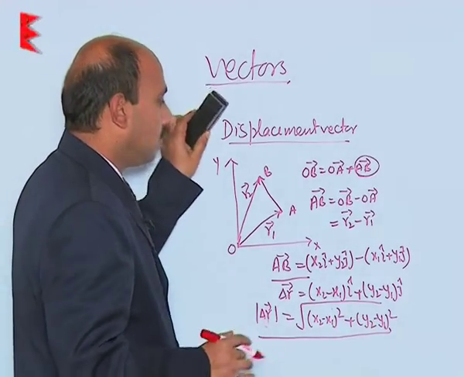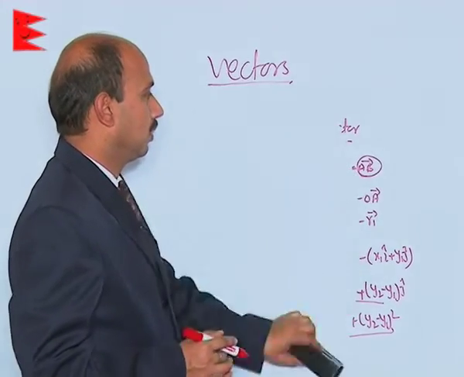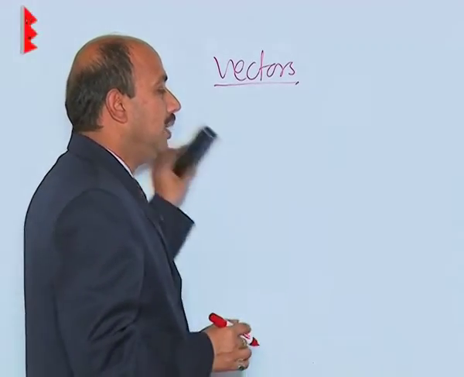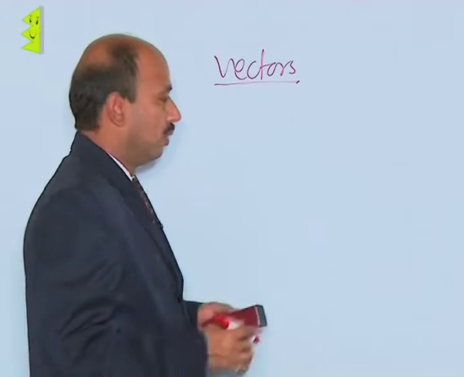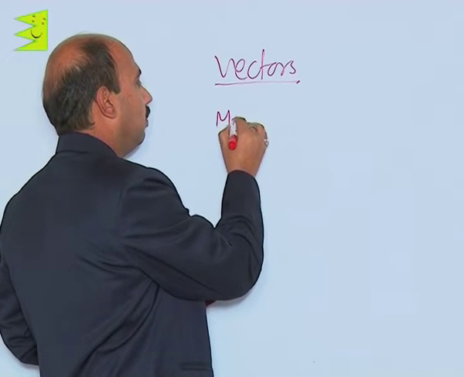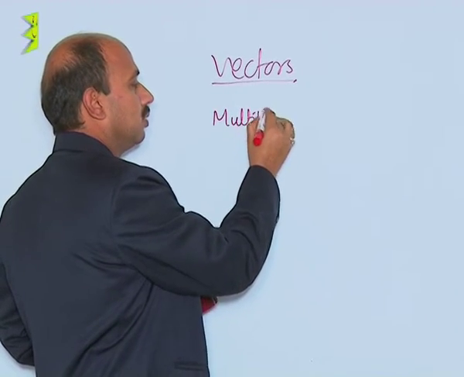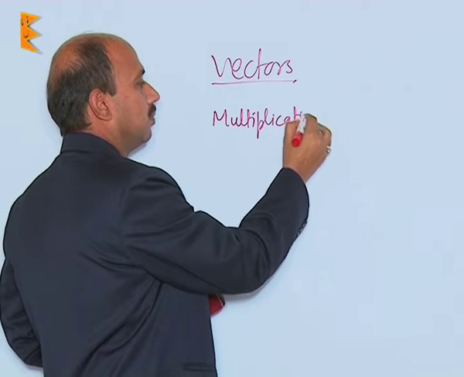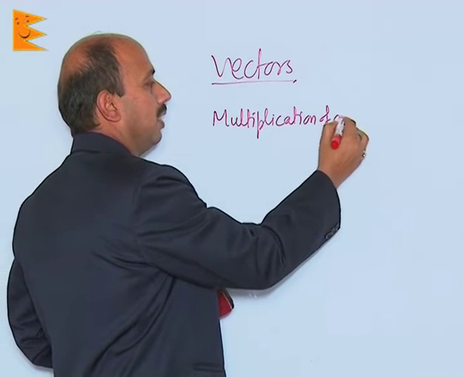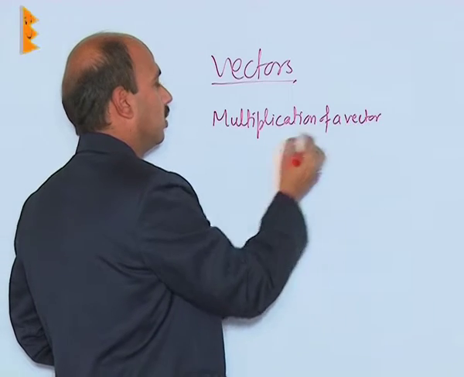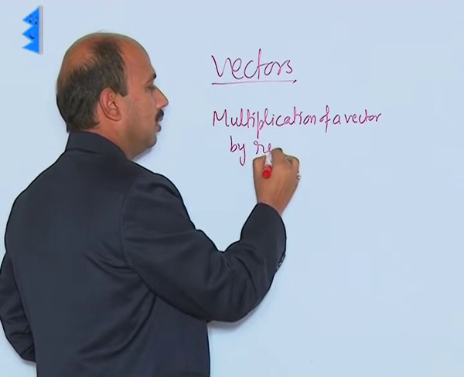Now, we can do multiplication of a vector by a scalar quantity, that is, multiplication of a vector by a real number.